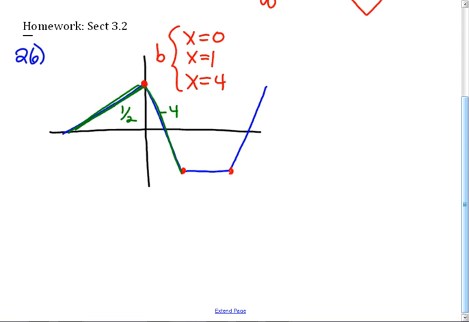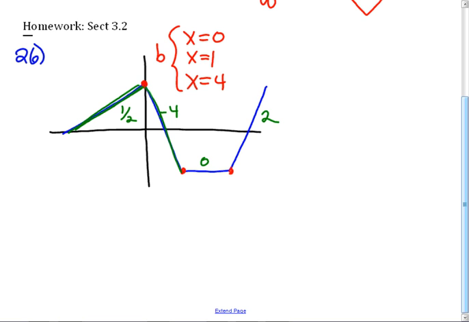Just 1? Change of 1? Okay, and between 1 and 4, it's 0. And between 4 and 6, I'm going to go 2 on the x's, and I'm going to go up 4. No, I'm going up 4, and I'm going over 2, so it's 2.